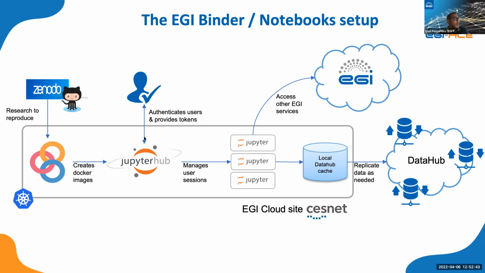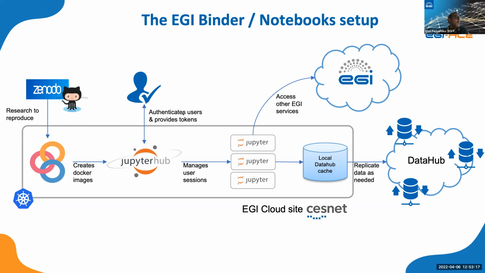JupyterHub is connected to our Check-in for identity, so people can log in with Check-in, and that will authenticate the users, but also provide access tokens that are refreshed automatically for you to access other EGI services or to access the Data Hub. This JupyterHub will spawn Jupyter sessions as the user logs in, and these are connected to this local Data Hub cache, which is replicating the data as needed from other providers all across Europe or all across the world.